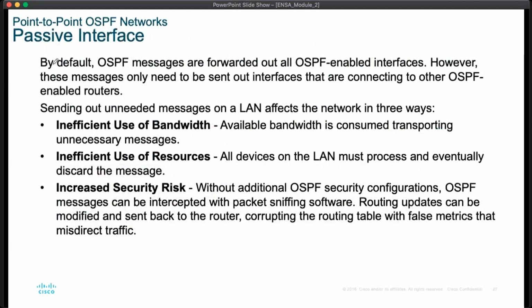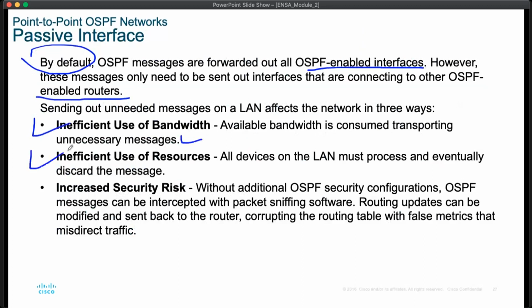So, passive interface. By default, OSPF messages are forwarded out all OSPF enabled interfaces. However, these messages only need to be sent out interfaces that are connecting to other OSPF enabled routers. Sending out unneeded messages on a LAN affects the network in 3 ways. First, inefficient use of bandwidth: available bandwidth is consumed transporting unnecessary messages.